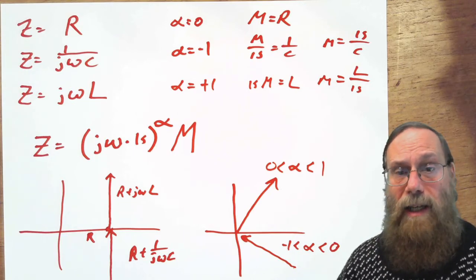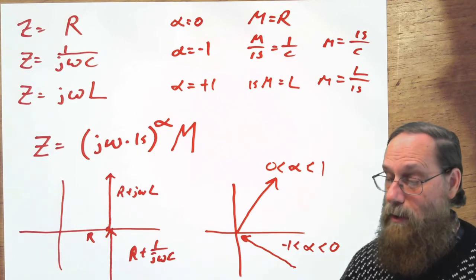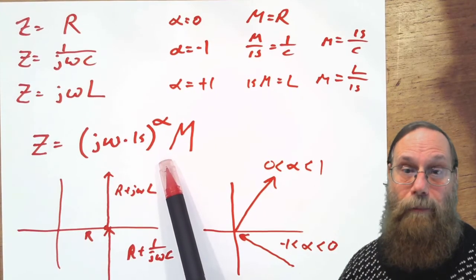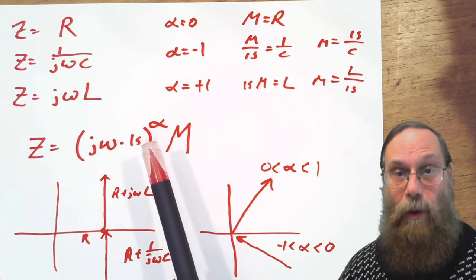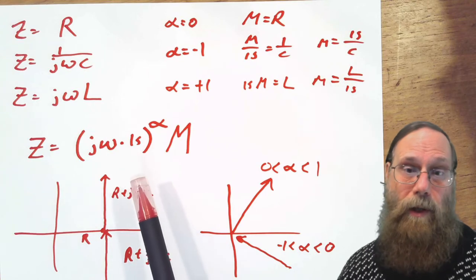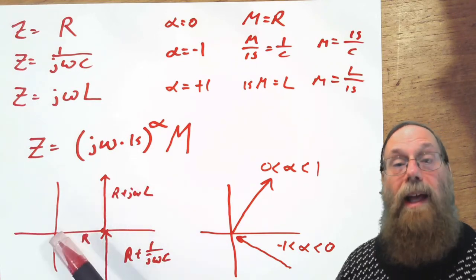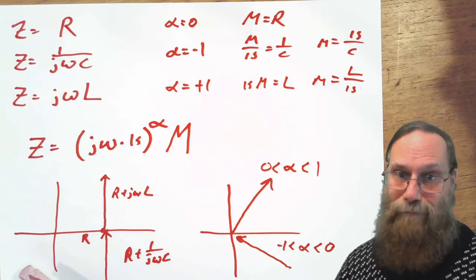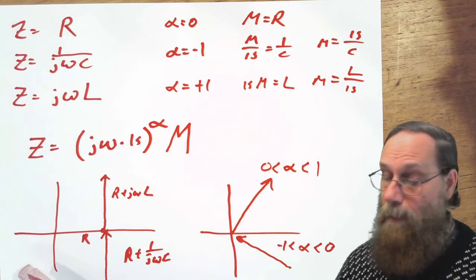They're not standard, though, because we don't have a differential equation that has this formula as a solution. For special cases, alpha equals 0, -1, and 1, we do have differential equations. And having differential equations for the behavior of a device is very useful for both analytic solutions and for numerical modeling.